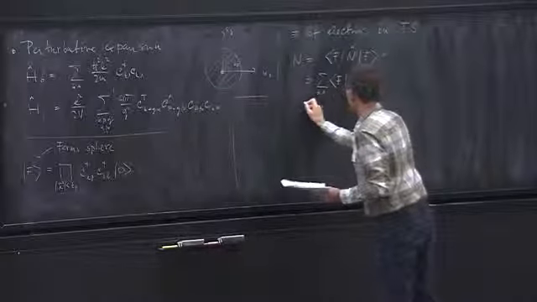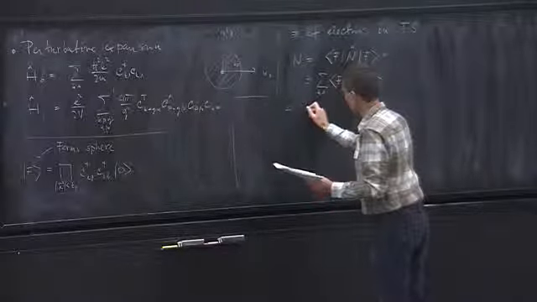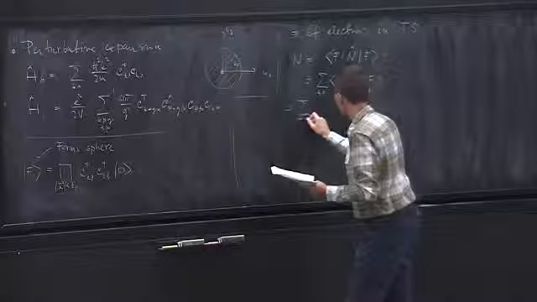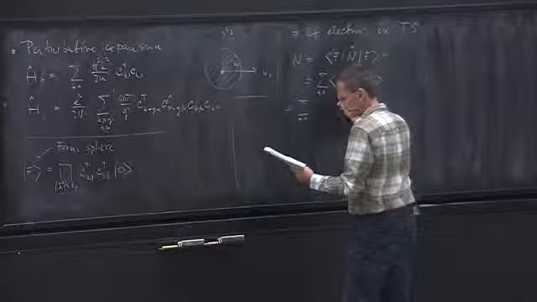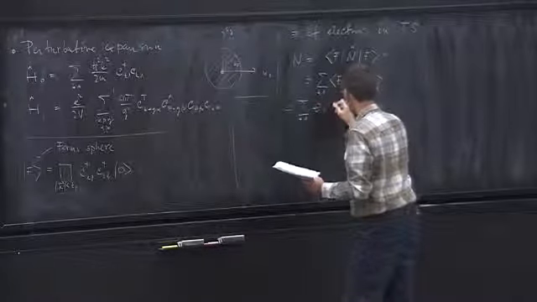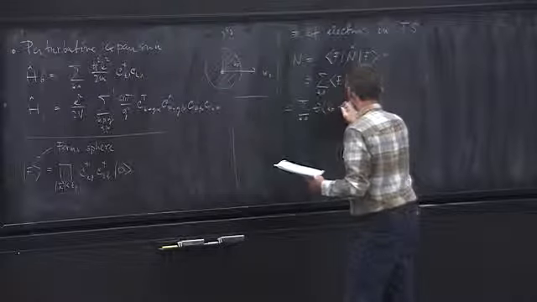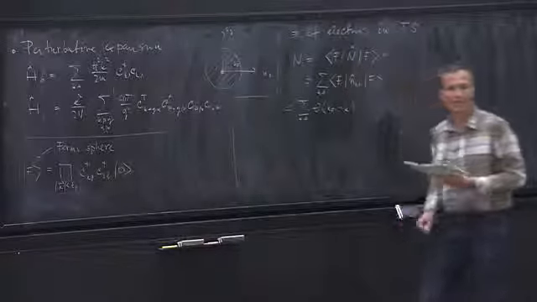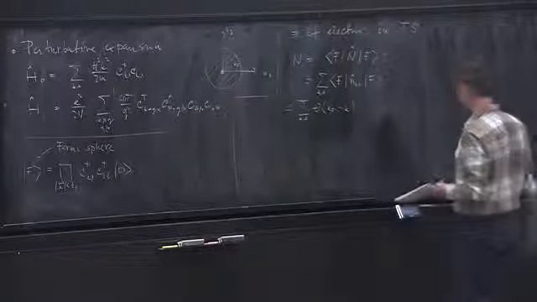So what this ends up being equal to is just the sum over k and lambda of a step function theta of kf minus k. Theta is just a step function.